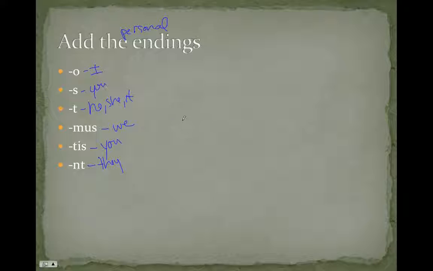So we take our stem and add our endings. And this is the basic rule for all verbs: a stem plus endings equals a complete finite verb.